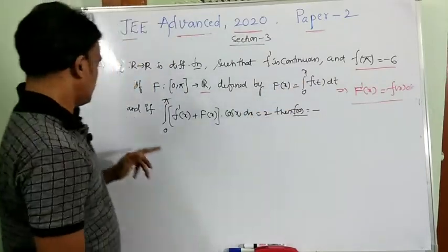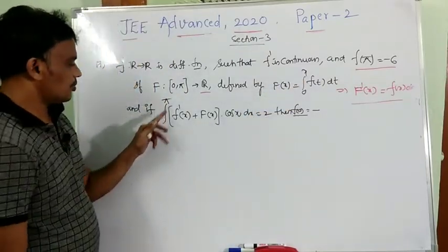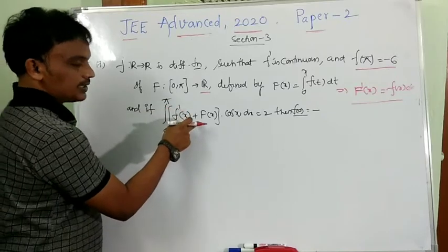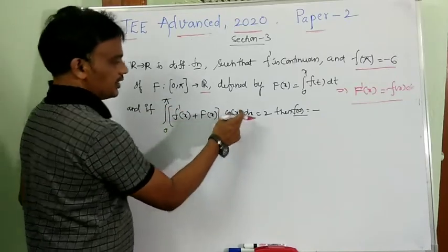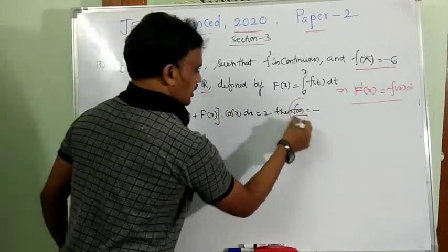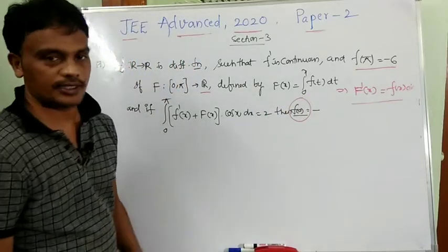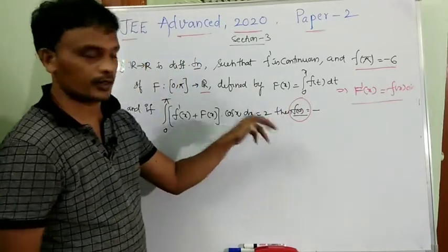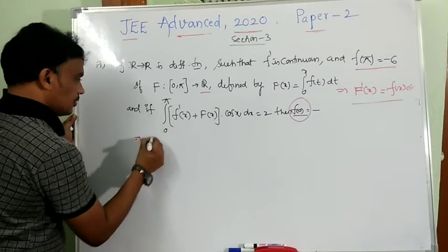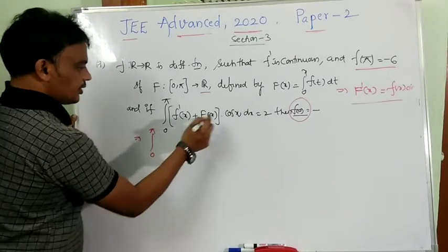And one more condition is the integration from 0 to pi of small f dash of x plus capital F of x, into cos x dx, equals 2. In that case, they are asking what is f of 0. Come on, take the condition, integration from 0 to pi, take the two parts.